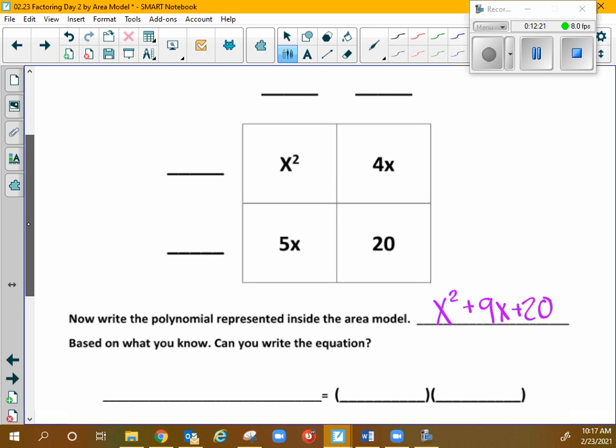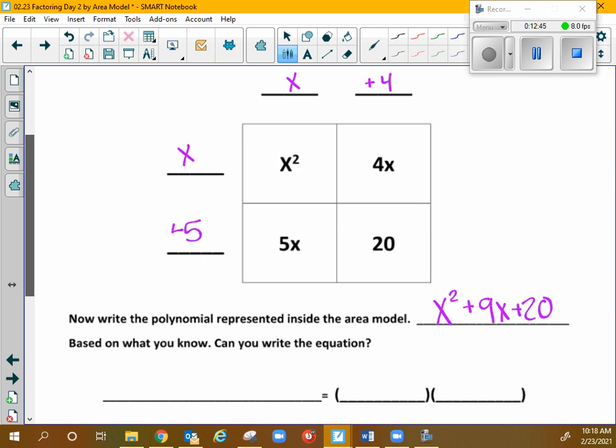Now, every time that we've come back to this model, something different has been missing. In this case, the outside's missing, but all of the outside. Based on what you know, what are my top two values? X plus 4. What are my side values? X plus 5.